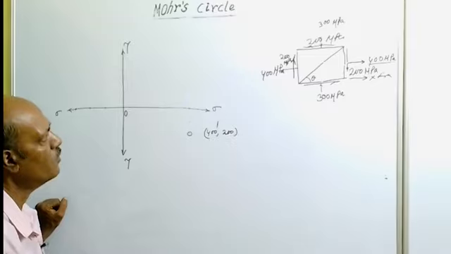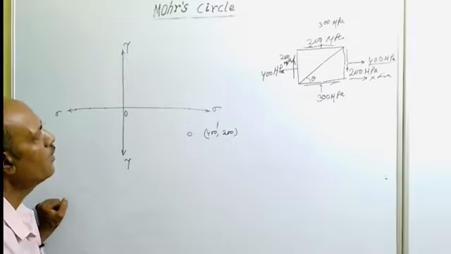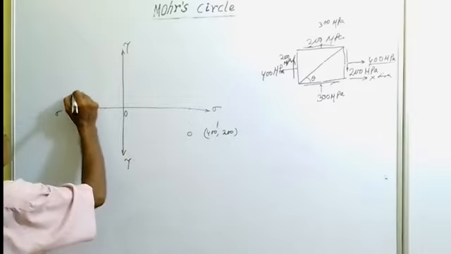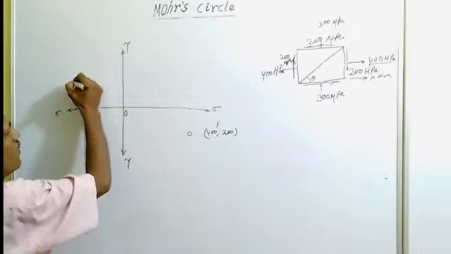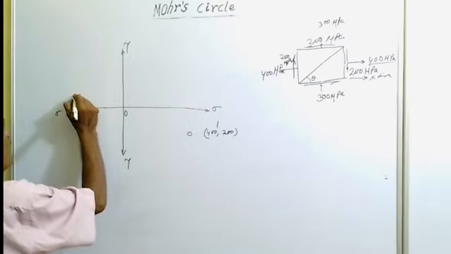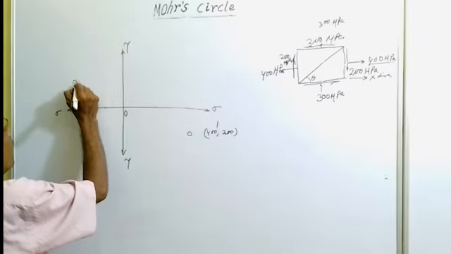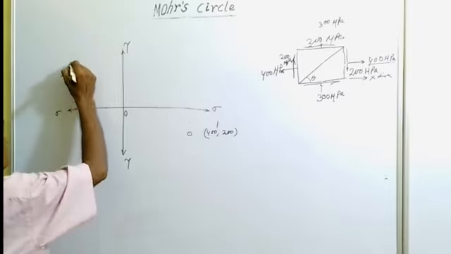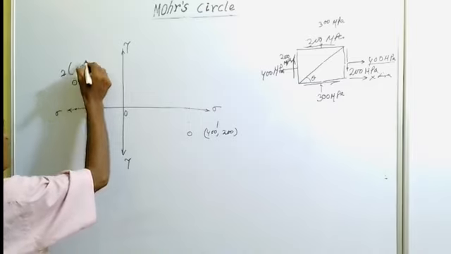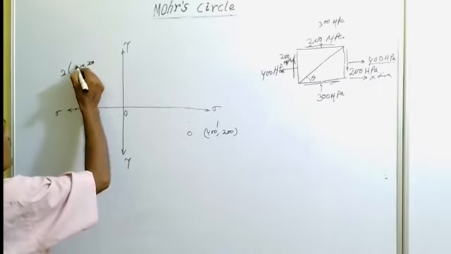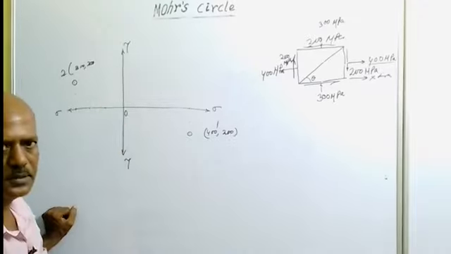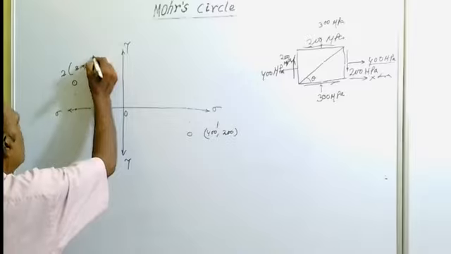So negative point we have got, and 200 is positive. So 100, 200. So we will get the second point, that is 300 comma 200. We have taken directly 300 because we have taken in the negative side only. Okay, so we have got second point.